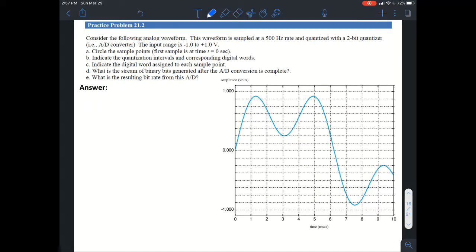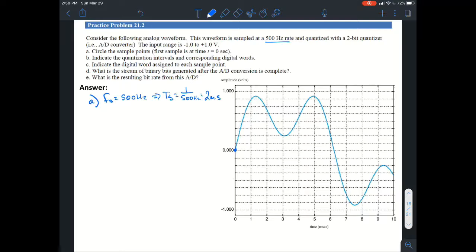Okay, so for A, one of the things that we want to be able to do is figure out where those sample points are going to take place. We know that our first one takes place right there at time 0, but to find the next ones, we want to find our sampling period. We have our sampling frequency, F sub S equals 500 hertz, which allows us to find T sub S, because that just equals the reciprocal, and that equals 2 milliseconds.